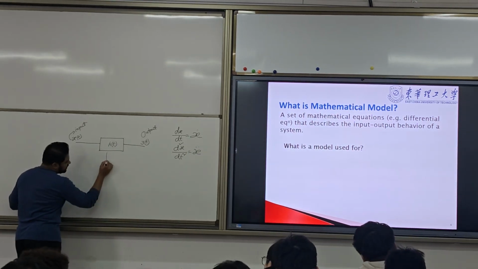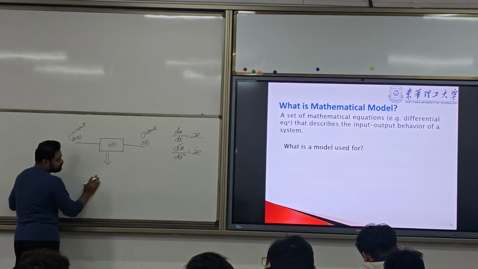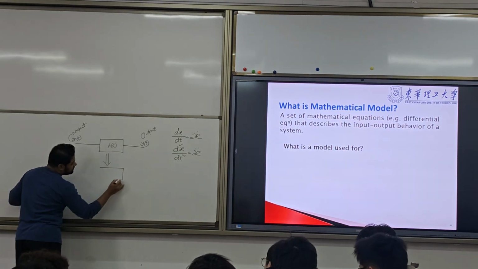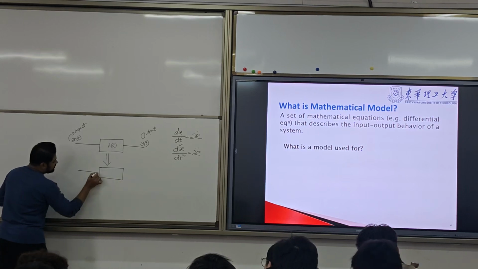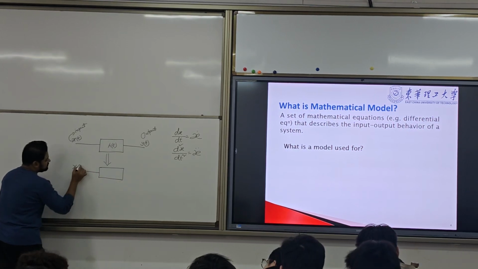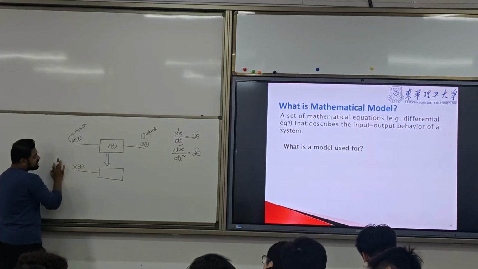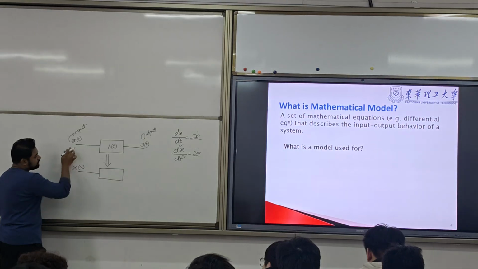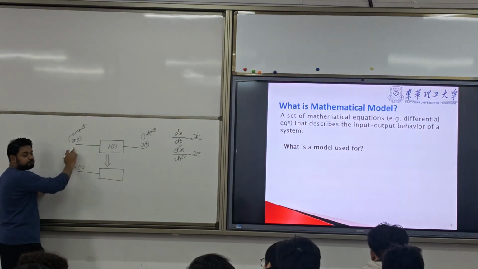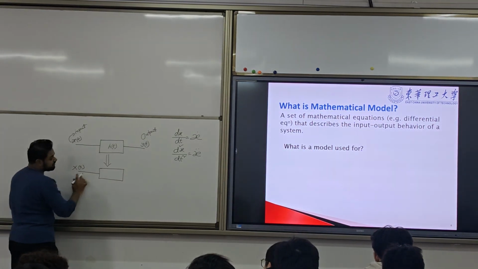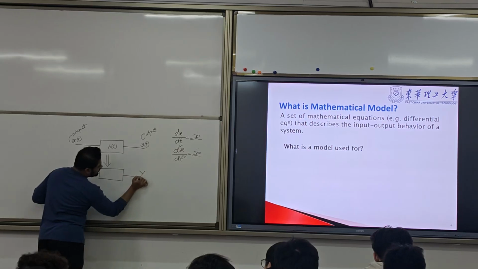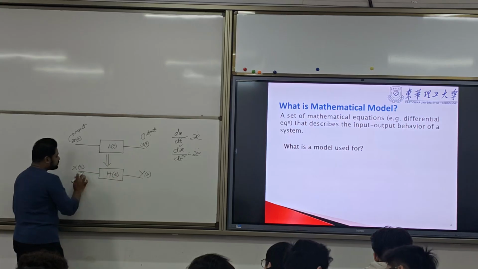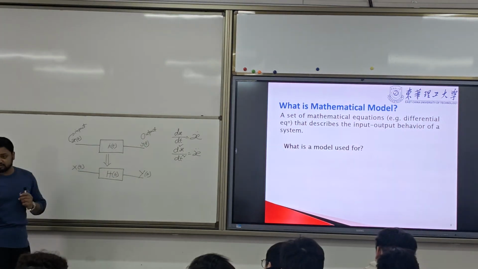Now, if I convert it to the frequency domain by using the Laplace transform, I will write it this way: X(s), Y(s), and this will be H(s). We use small x for the time domain and capital X for the frequency domain. So s is used for the frequency domain.